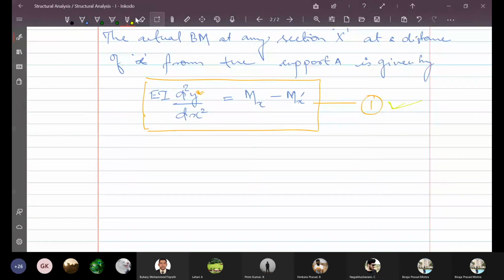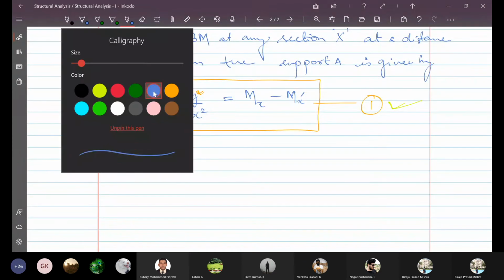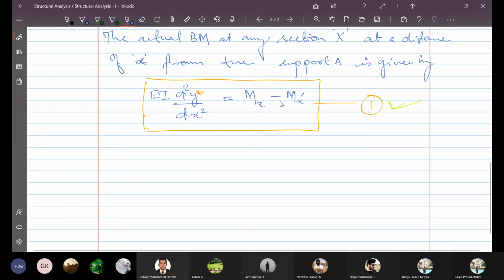Now if I integrate both the sides, then what will I have?